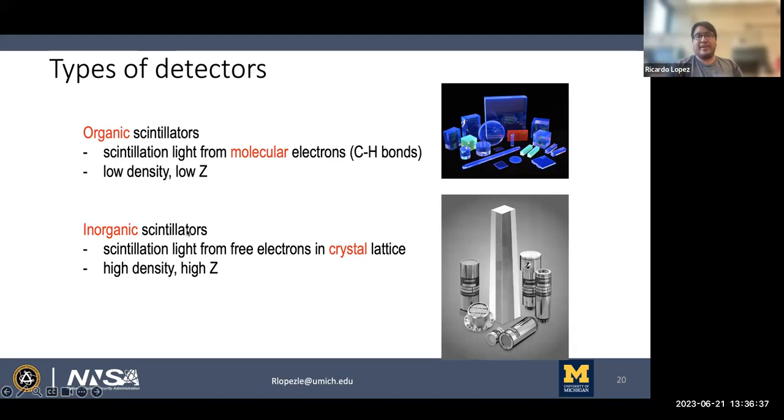But the other category are inorganic scintillators, whose scintillation light comes from free electrons within this crystal lattice that you get from the incorporation of inorganic compounds. And because of these compounds, these type of scintillators tend to be of higher density and as such higher Z and are a lot more efficient at gamma ray detection.